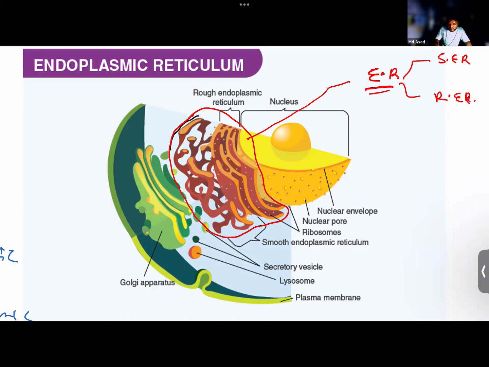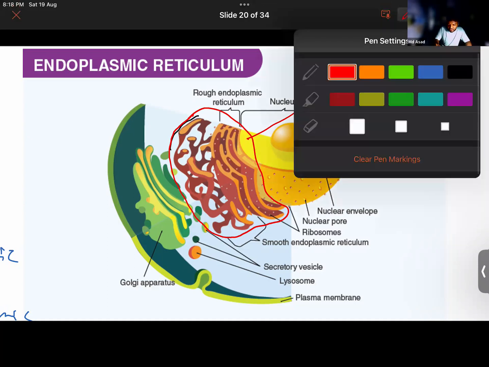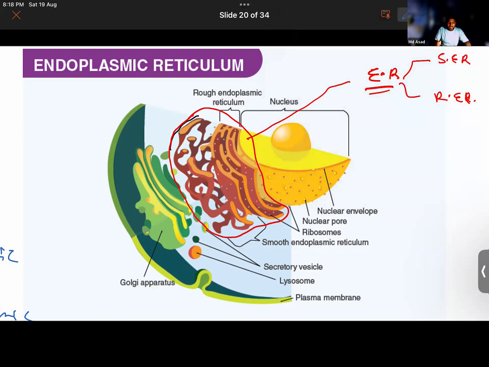Now you both look here at what is happening. If you look at this much part, are they having dot-like structures on them? No. Only the rough endoplasmic reticulum.